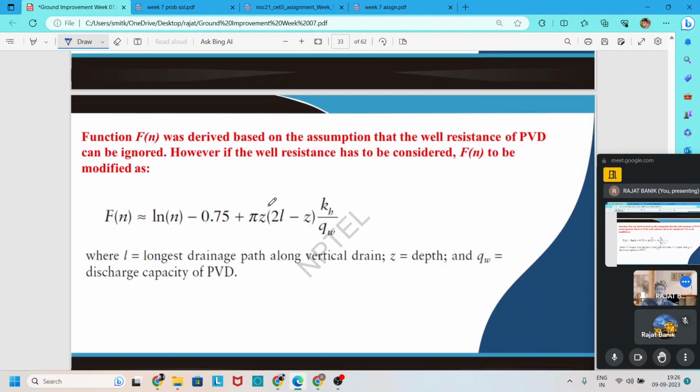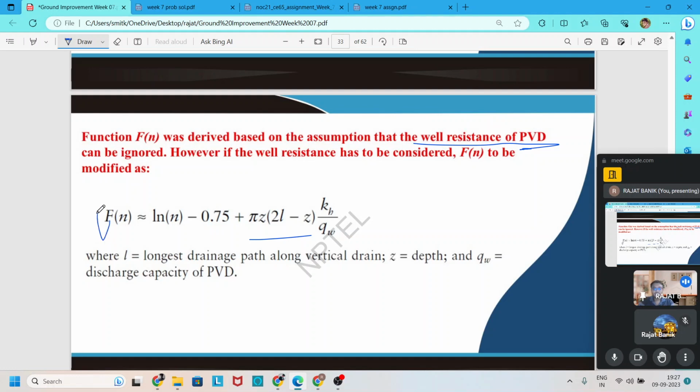If we consider the well resistance of the prefabricated vertical drain, then this formula is modified, because in the previous case we neglected the well resistance. If we consider the well resistance, the extra term is pi z into (2L minus z) kh by qw, where L is the longest drainage path along the vertical drain, z is the depth, and qw is the discharge capacity of the prefabricated vertical drain.